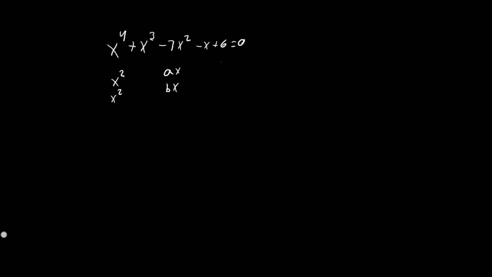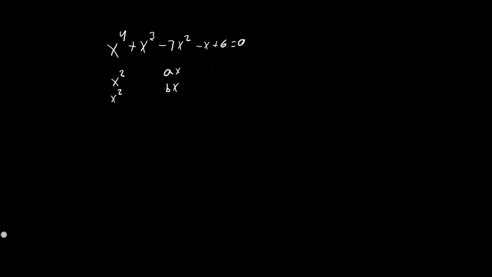And we want to find numbers that multiply to 6, which those numbers are 1, 2, 3, and 6. And only two combinations work: 2 times 3 and 1 times 6. But also negative 1 and negative 6 work. So we're going to see which we could get.